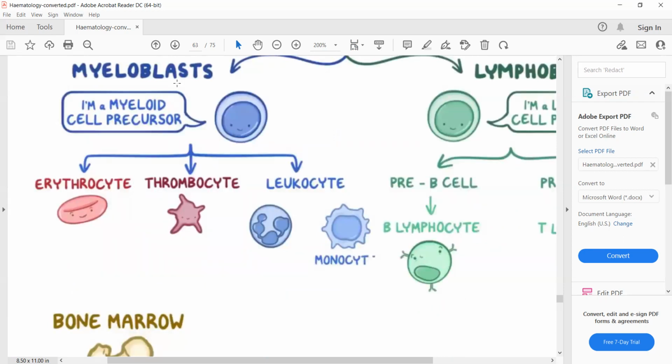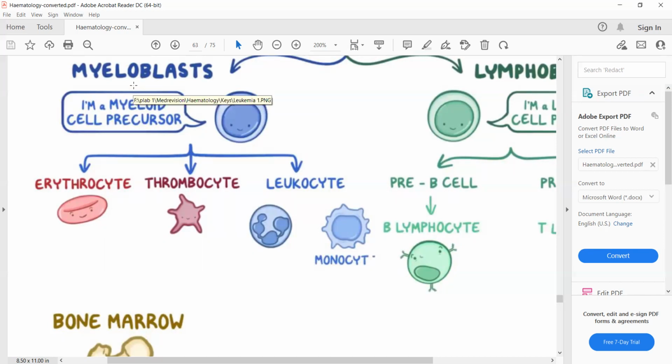In AML, there will be the excessive proliferation of myeloblastic cells, and in ALL, there will be lymphoblastic cell proliferation. The peripheral smear in case of lymphoblastic leukemia will show lymphocytes or lymphoblasts, and the bone marrow in the other case will show myeloblasts.